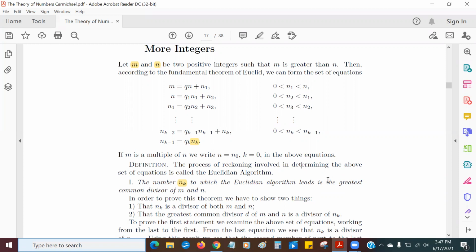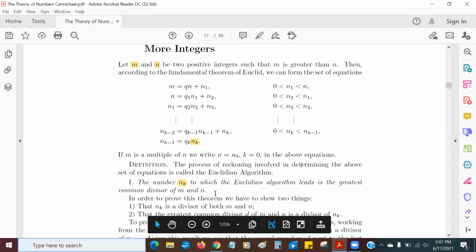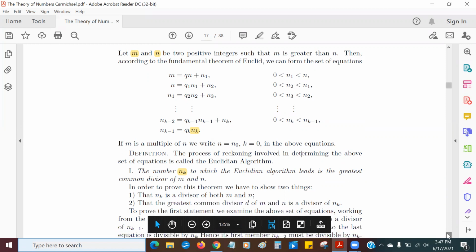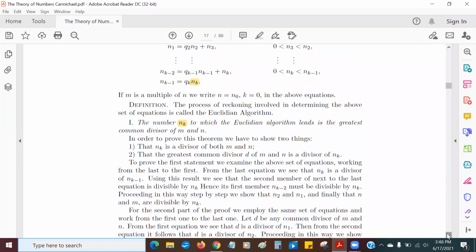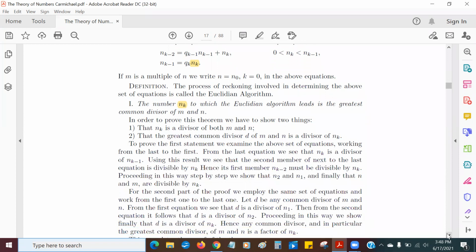Anyway, back on track. So we want to prove this theorem, that this last number nk is the greatest common divisor, is the GCF. Some people say GCD, GCF, same thing. And in order to prove the theorem, we're going to have to show two things.